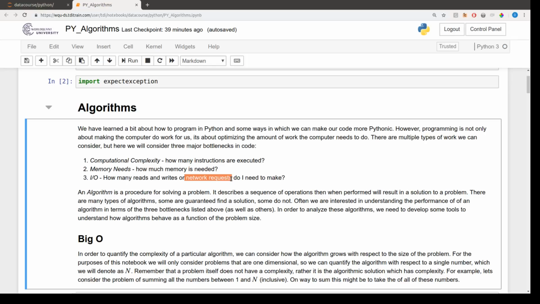For instance, I believe at my internet at home, I can't download more than a few megabits per second.